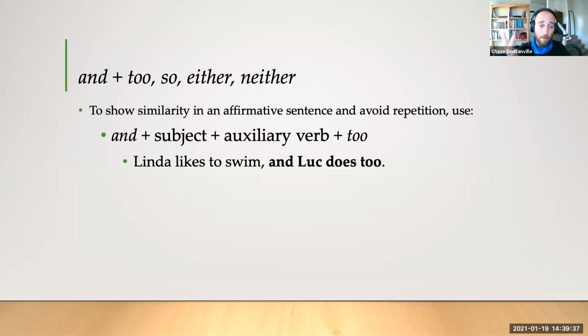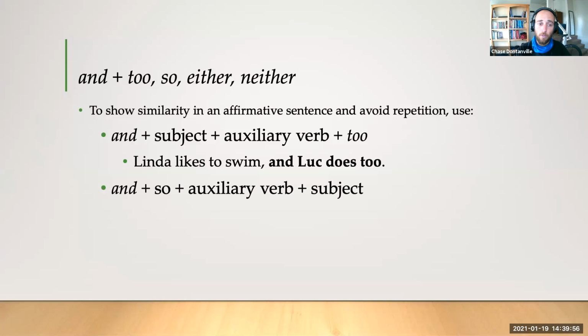So we could say Linda likes to swim and Luke likes to swim. But this is repetitive. You're repeating too many words. So instead we say and Luke does too to show that it's the same information.